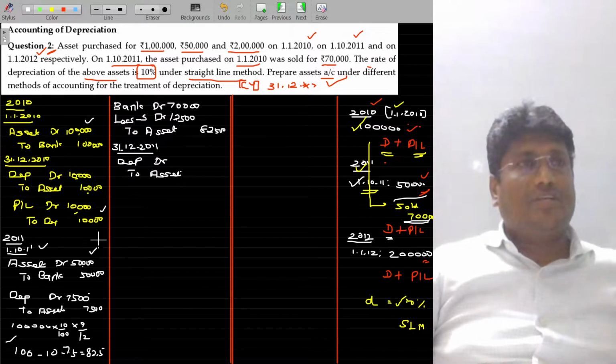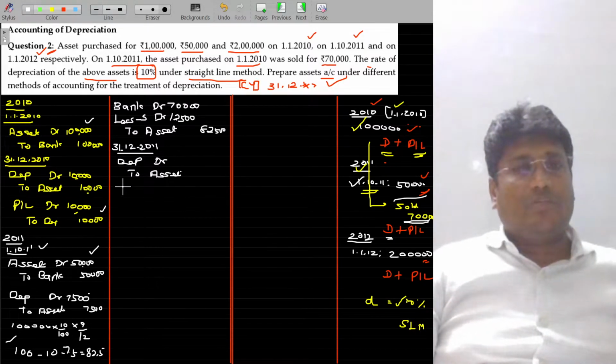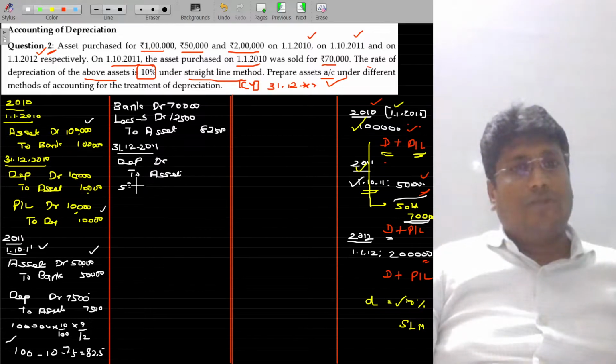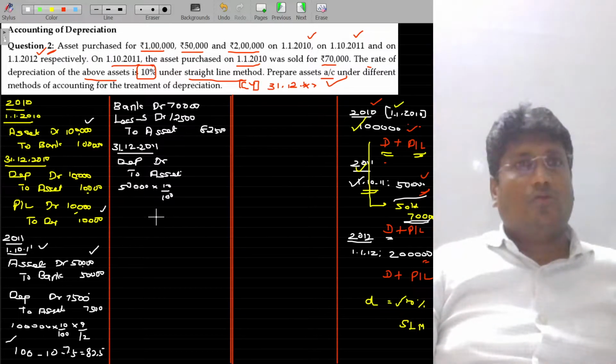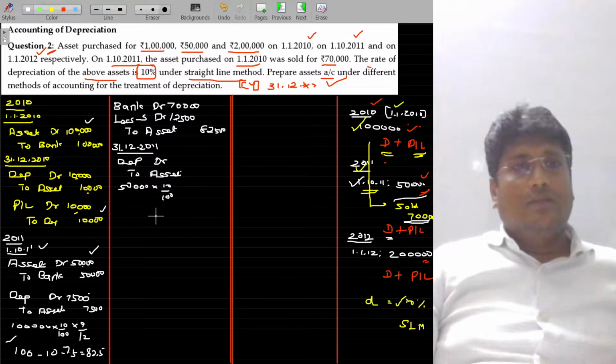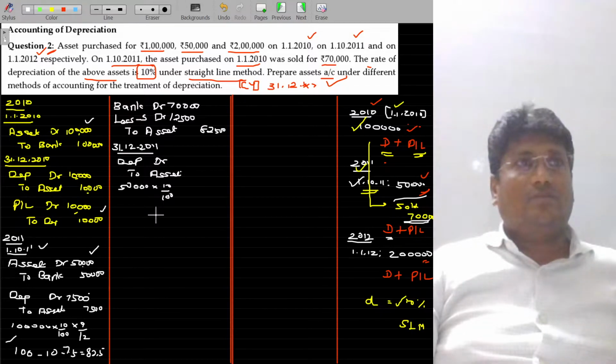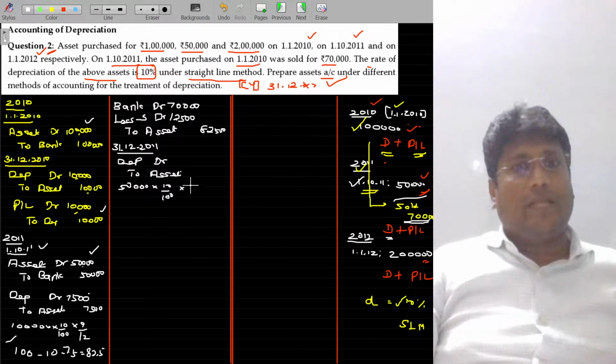Only the new asset purchased on 1/10/11 will be eligible for depreciation. That too, it is not purchased at the year beginning, purchased only halfway through. So it is eligible for depreciation only for the period of usage. The usage of the asset starts from 1st October. From the 1st October, you just go up to the year end. So from 1st October to the year end, we have only 3 months, right? So you have to calculate depreciation for the 3 months.